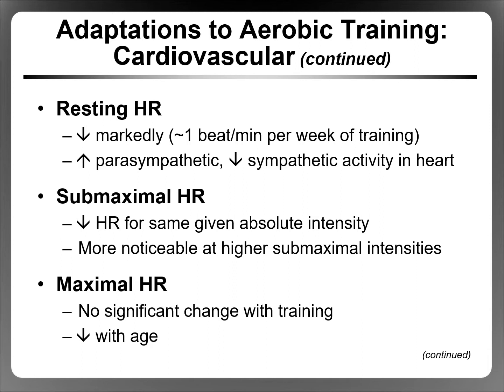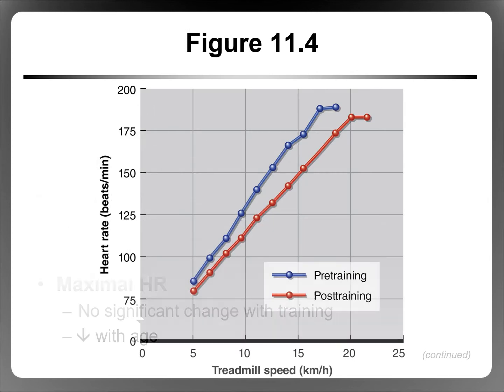And maximal heart rate tends to stay the same even when you train, and it's still going to decline with age. But because we're having a lower resting heart rate and a lower submaximal heart rate at a given intensity, I can do more work with the same maximal heart rate.